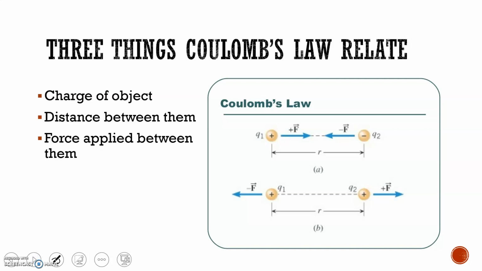So we're going to be talking about Coulomb's law. It has to do with the charges and the strength of the force. The three things that we're going to be relating are the charge of an object, the distance between them, and the force applied between them.